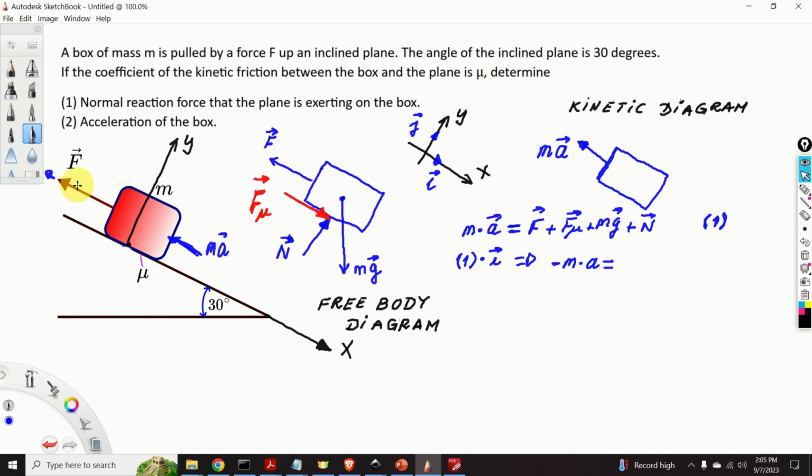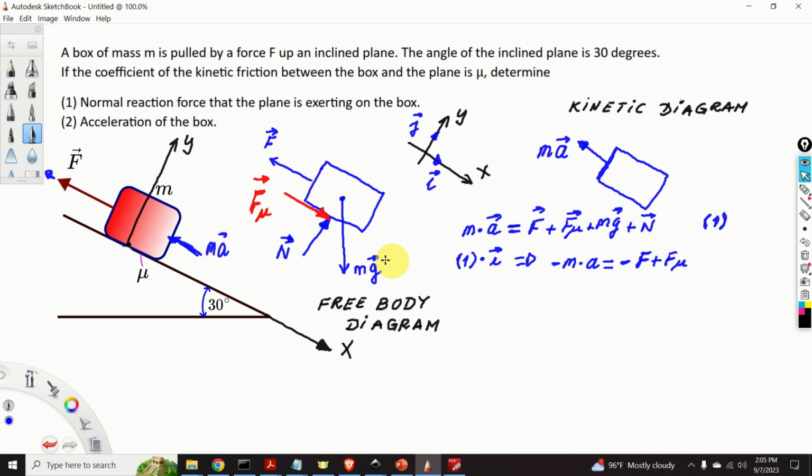How about the force F? The projection of the force F on the x-axis is obviously minus F. How about other forces? How about F mu? F mu goes in the positive direction, and consequently we write plus F mu.